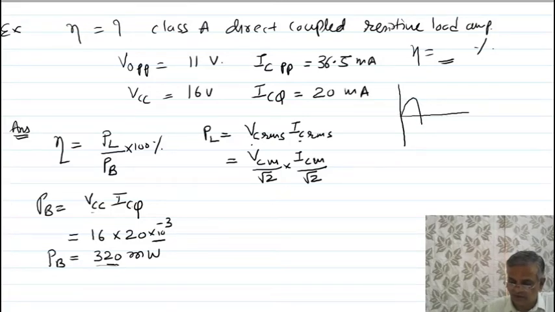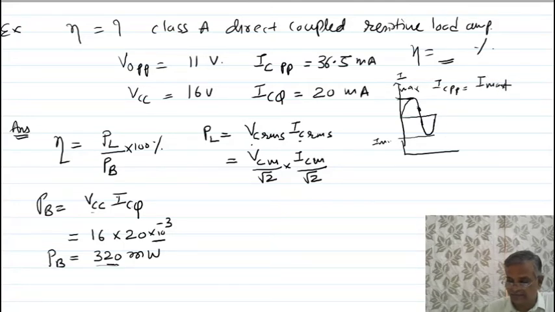Just to explain, I am showing the graph. This is some maximum value. Similarly for current and voltage, this is your minimum value. This IC peak to peak is nothing but IC maximum minus IC minimum. You know that.